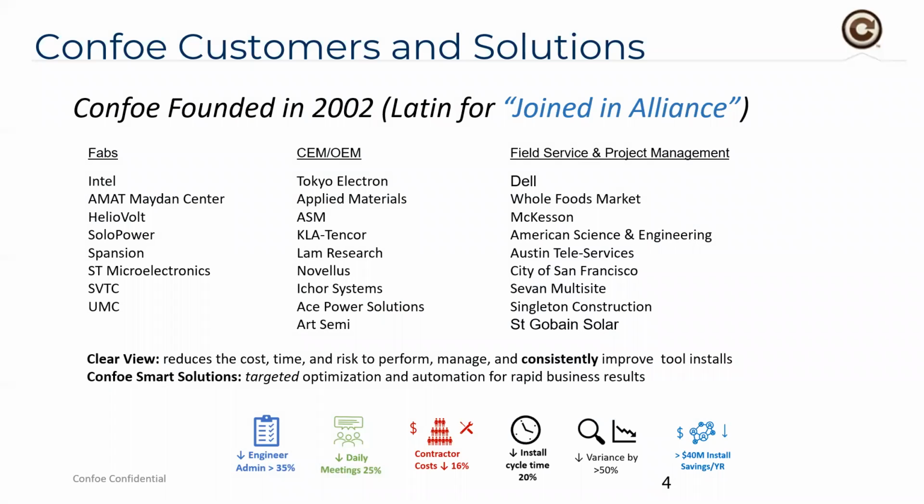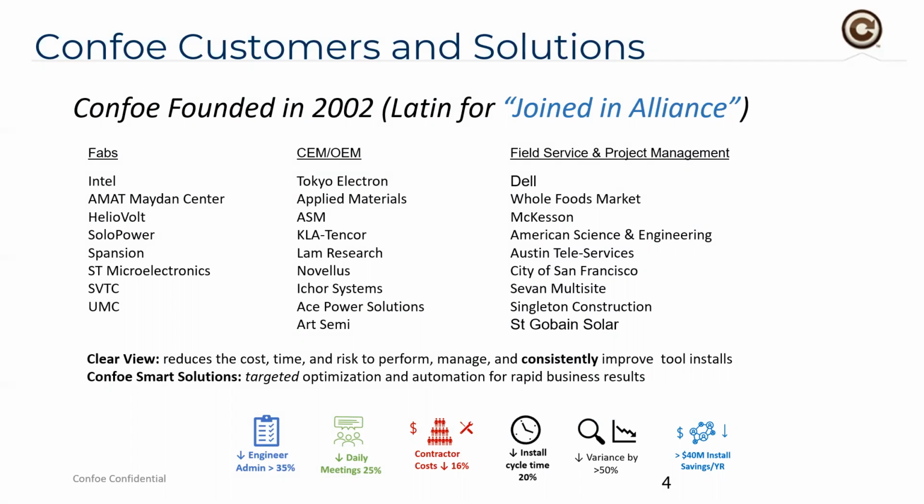This is a little bit about Confoe. We were founded in 2002. We do consulting, project management, and technology implementations. You can see our customer base there. A couple of our technology solutions. The first is Clearview, which is used for reducing cost, time, and risk to start up factories or to install the capital equipment that goes into that factory.